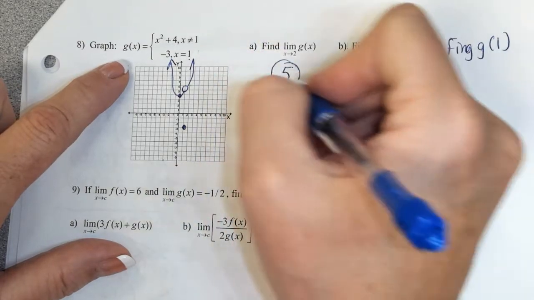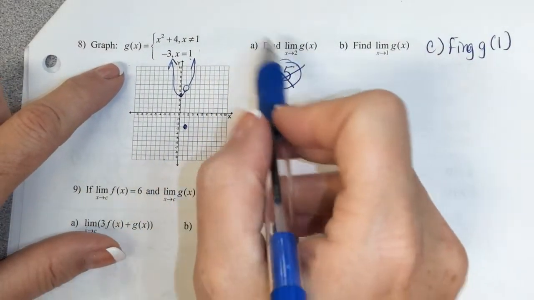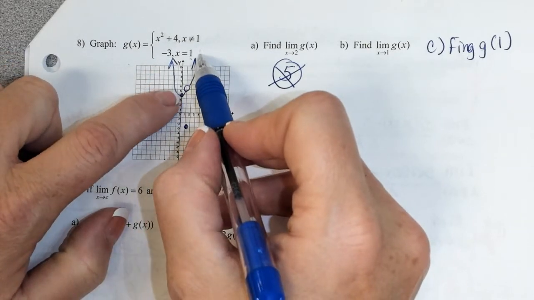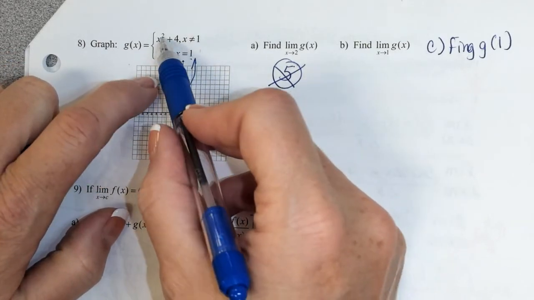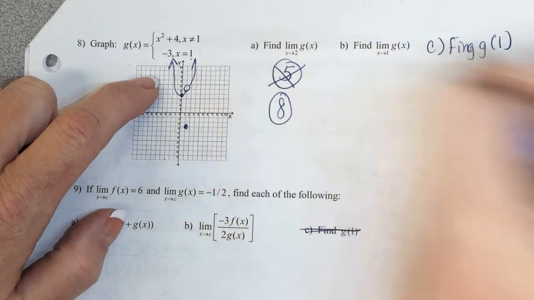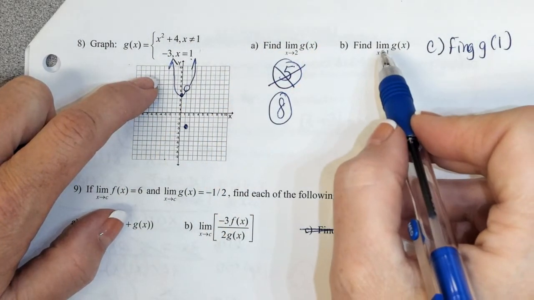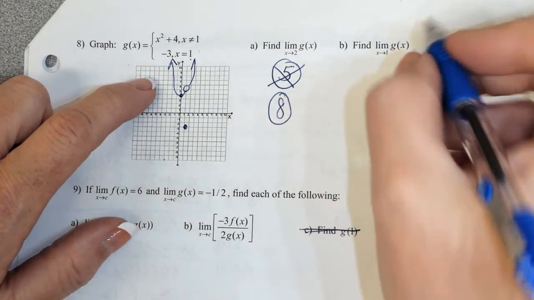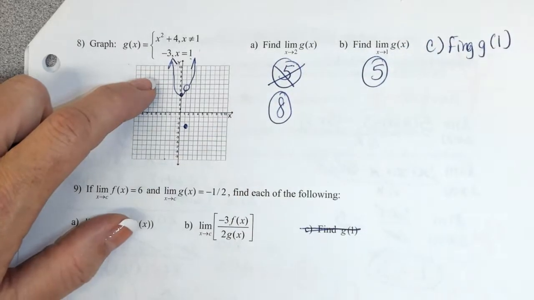No, it's not. Sorry. As we approach 2, I was pointing kind of to the 1, but as we approach 2, the y value we're approaching, 2 squared plus 4, is going to be 8. All right, Michael, the limit as x approaches 1 is going to be 5, right? We were thinking ahead.